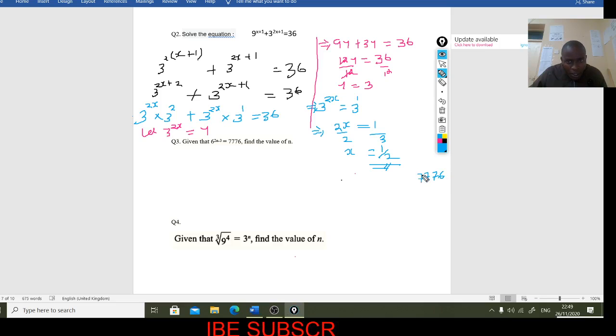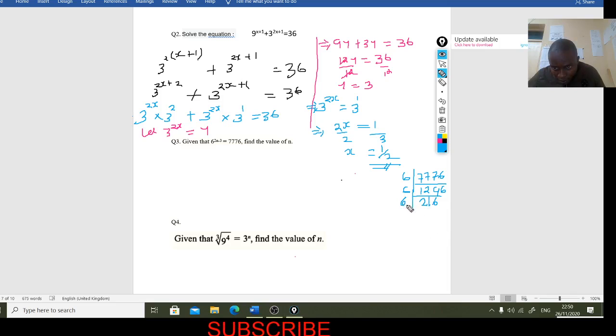If I divide 7776 by 6, I'll get 1296. I divide 1296 by 6, I get 216.